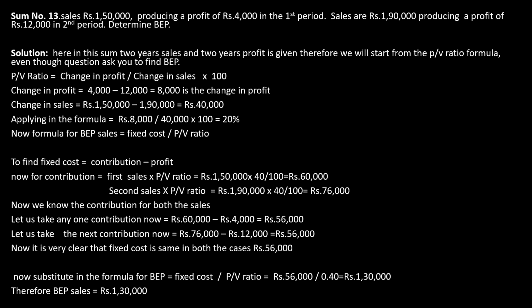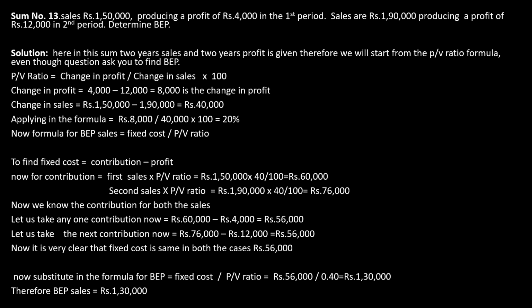Now, using the formula BEP, that is fixed cost by PV ratio, we are going to find the BEP. For this, we have to find the fixed cost first, because the data given in the sum gives two sales and two profits alone. There is no fixed cost at all, which means we have to find the fixed cost. In the BEP formula we need two variables.